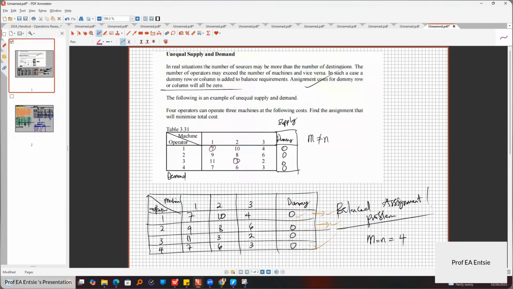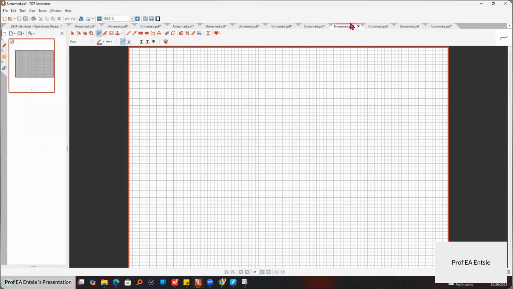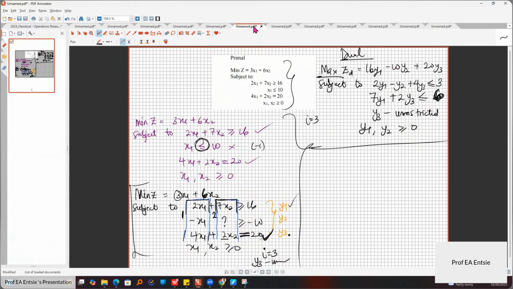If operator four is assigned to machine three, this is the cost. What was the cost? The cost was $3. So if I did the summation, I'm going to get $18. So that's the cost for that one.